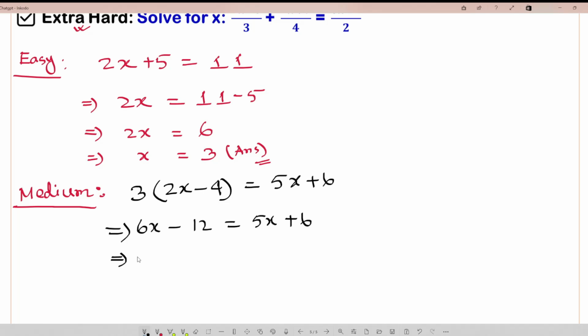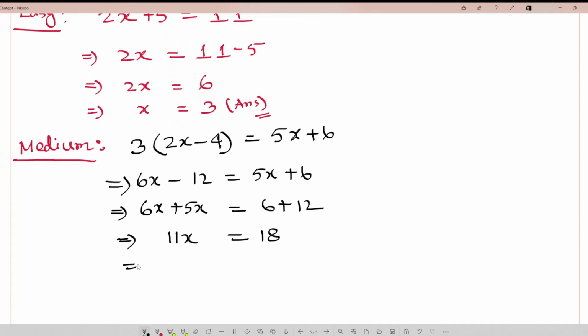So we can transfer everything to similar sides. So 6x - 5x... 6x + 5x = 6 + 12. So 6x + 5x means 11x = 18, right? Now we can divide both sides by 11. So x = 18/11.